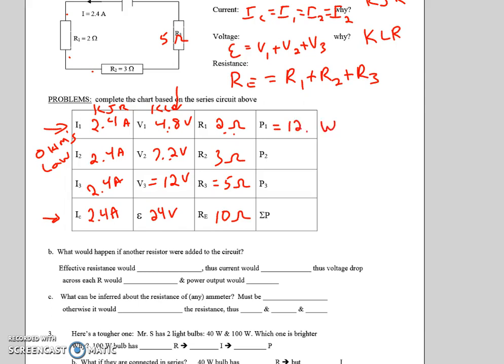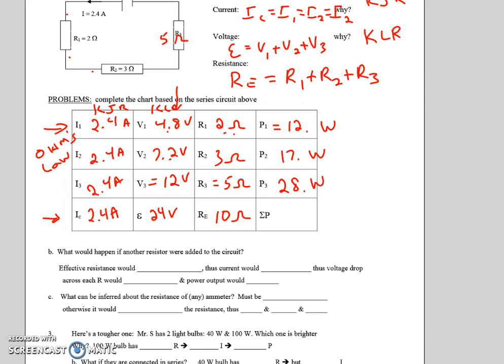Okay, I'll let you work it out. For R2, I've got 7.2 times 2.4, so that's 14, 16.8, plus another, let's call it about 17 point something watts. And then if I do 2.4 times 12 volts, 12 times 2 is 24, and that's about 28 point something watts.